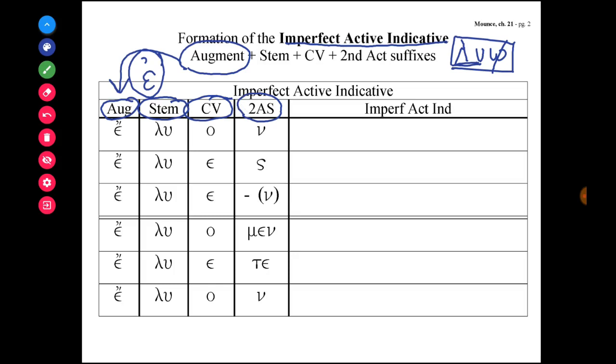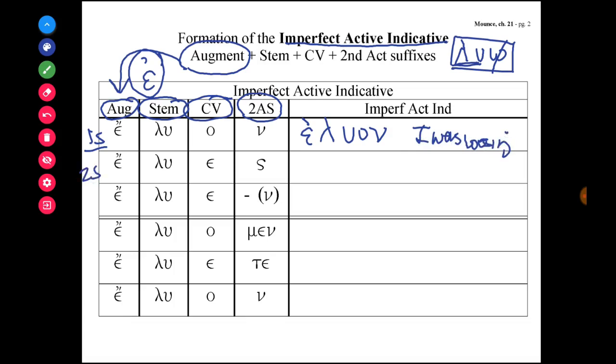So if I were to put these components together, for the first person singular, I was loosing, that form is eluon. Eluon means I was loosing.